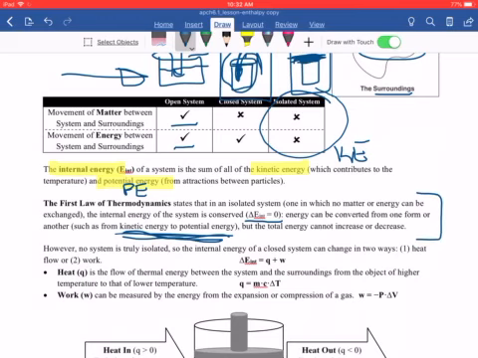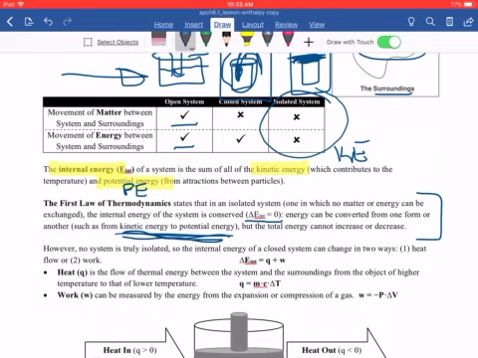In big summary, it says that we can't create energy, we can't destroy energy. The energy of the entire system has to be conserved. So energy can be exchanged between different types of energy, such as kinetic versus potential, but you cannot create it, you cannot destroy energy. This is kind of like the law of conservation of mass.